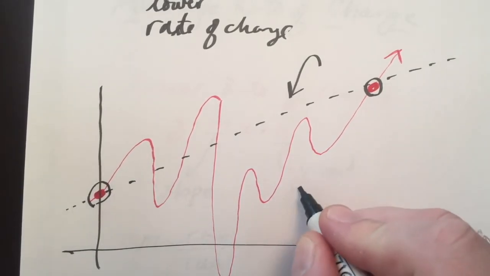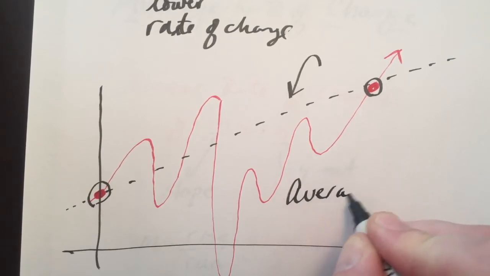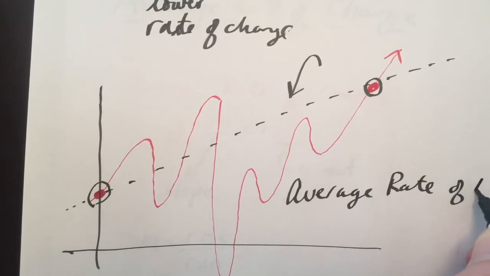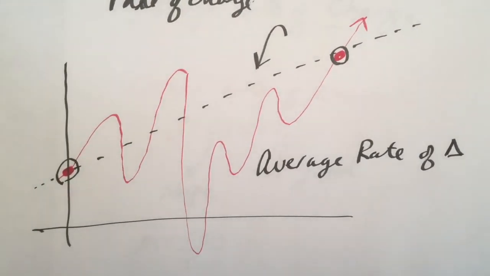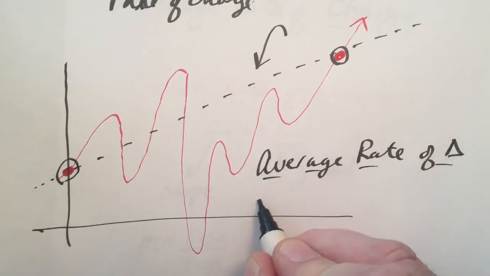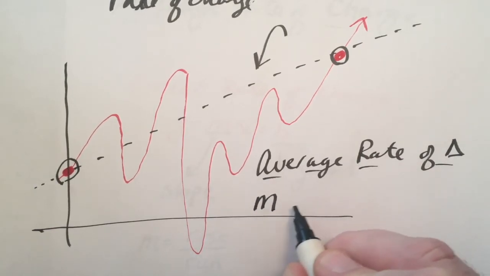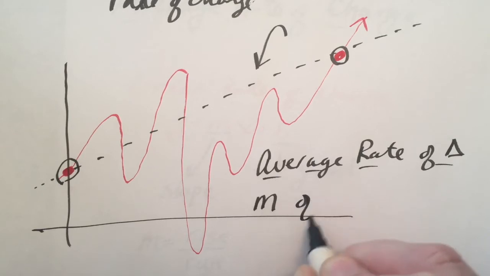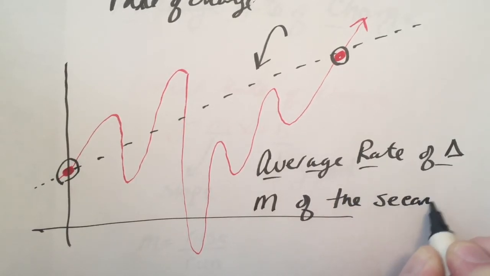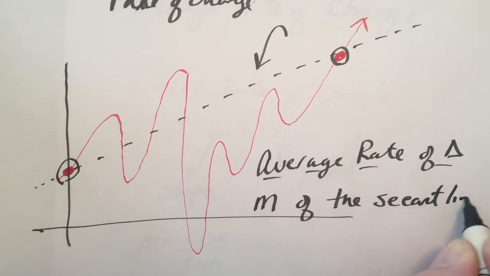So when it comes to an average rate of change, I'm just going to use delta here. That average rate of change is the slope of the secant line.